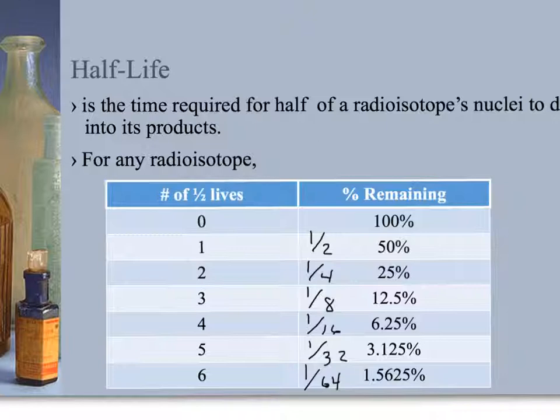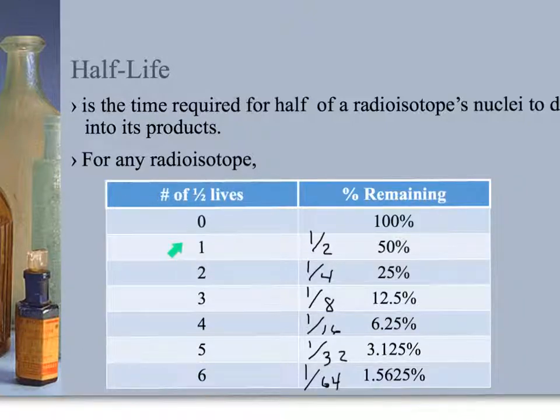As we look at half-life, one of the things we will look at is the number of half-lives an element has gone through. Now, if an element has gone through 0 half-lives, 100% of the element remains.